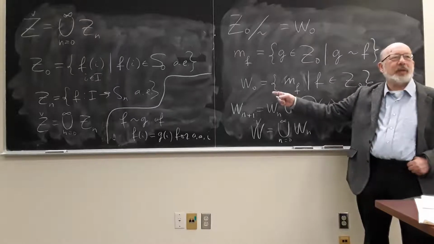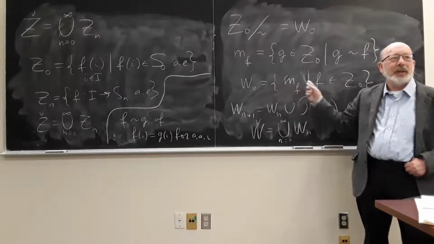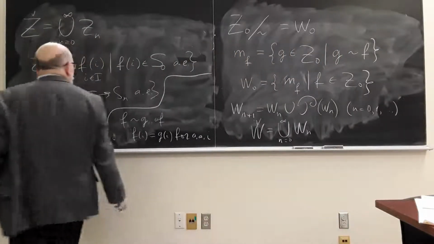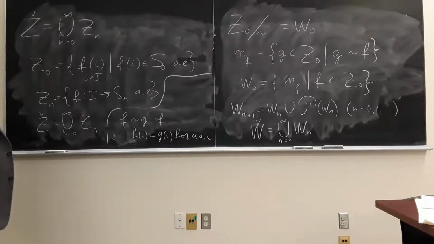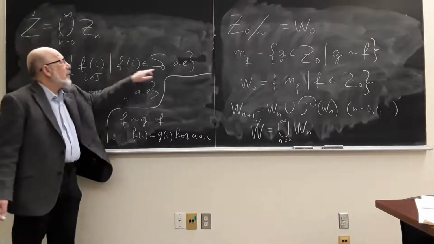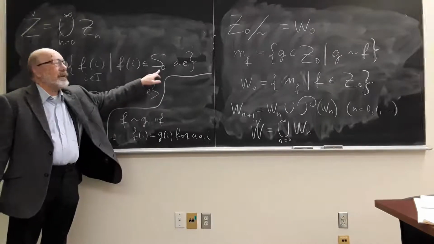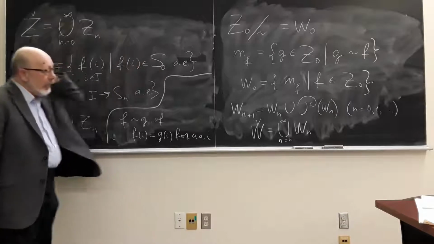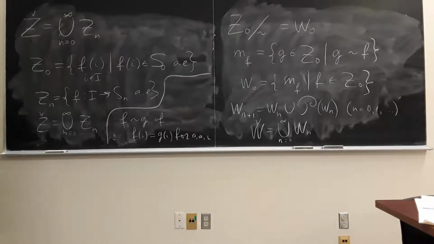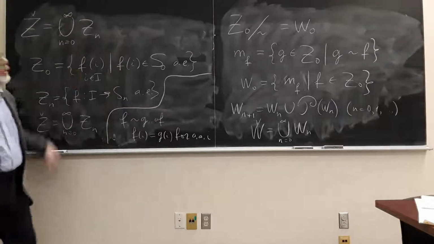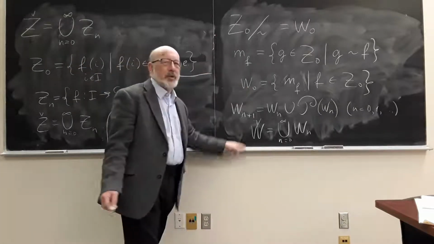We can start from any set. In this case we start with a set which is somehow associated with S0, because Z0 is the set of functions which take almost everywhere values in S0. And now we have this set Z and this superstructure.